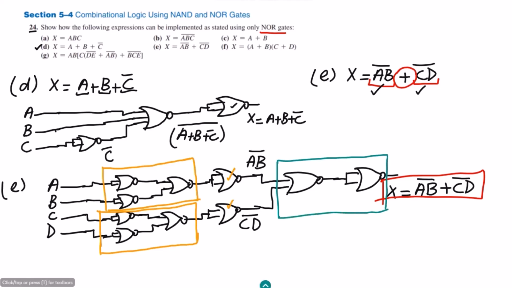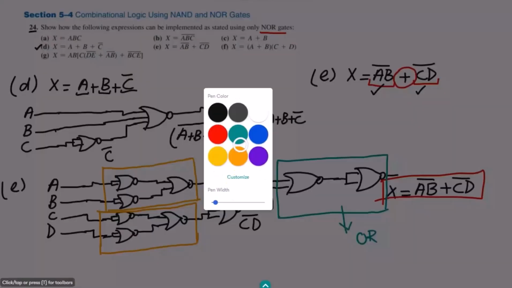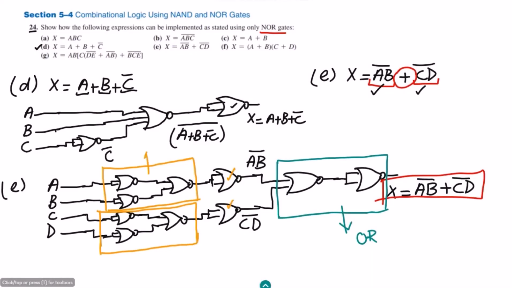This is the OR gate. So this is the AND gate, and this is also the AND gate. Okay, so this is the solution of part E here.